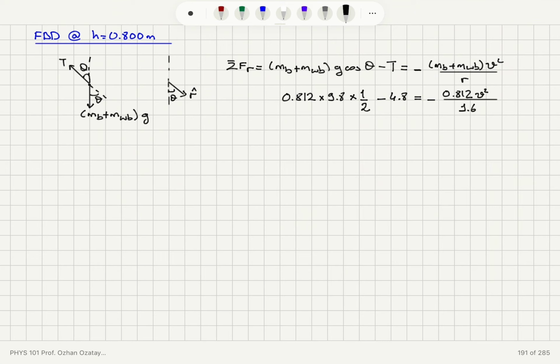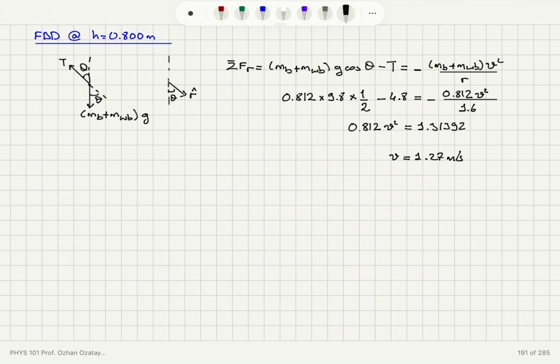So we will obtain from this 0.812 v square is equal to 1.31392, and this v is 1.27 meters per second.